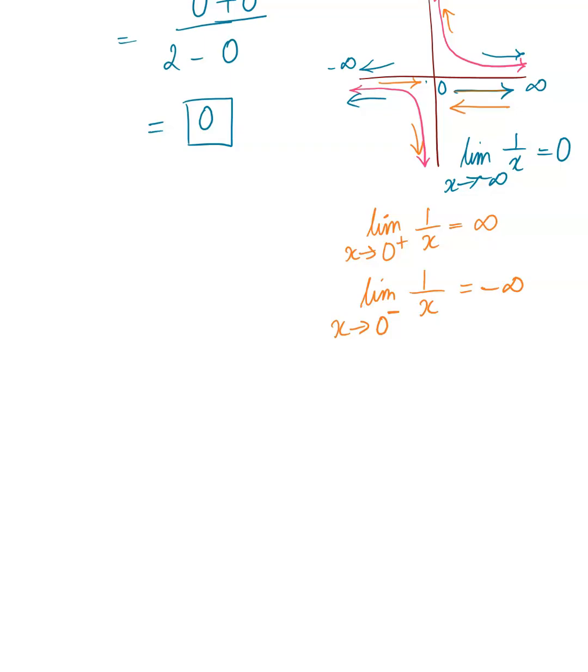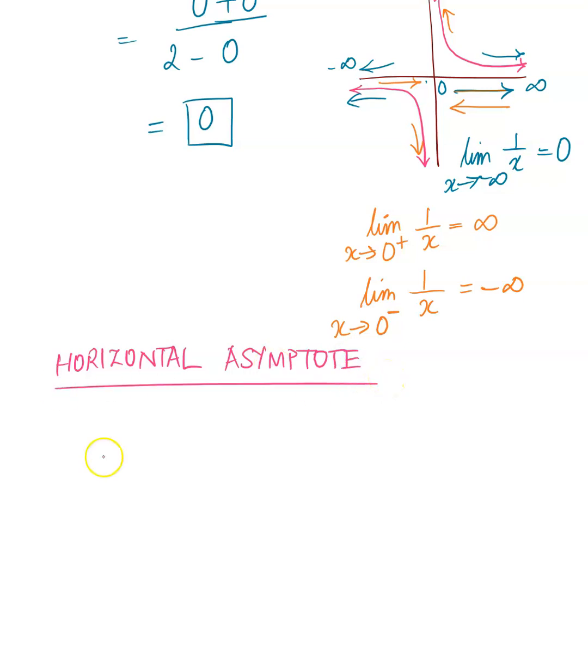So let me quickly define horizontal asymptote here. So if you had a line y equals b, it's a horizontal line, so it has to be y equals b.